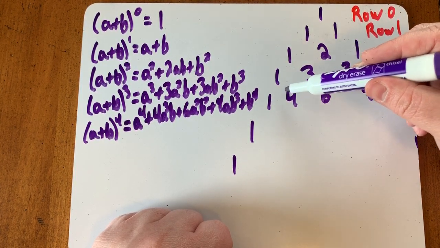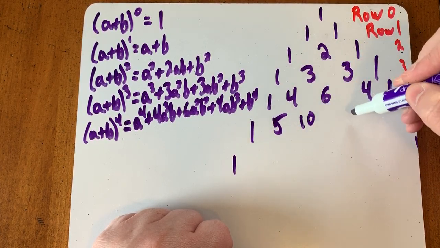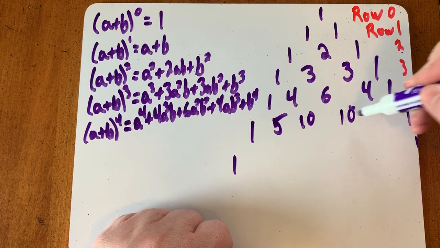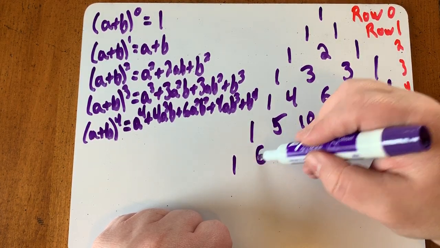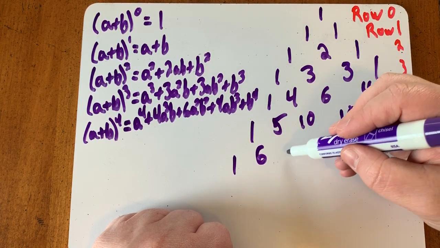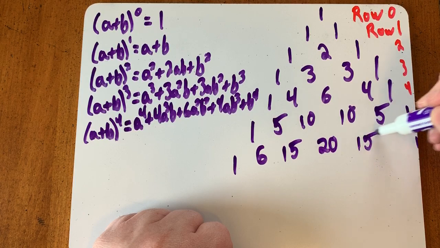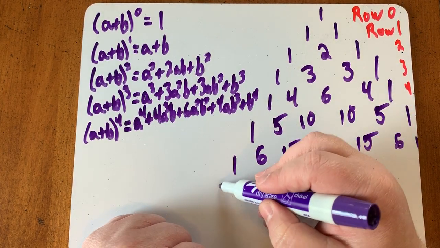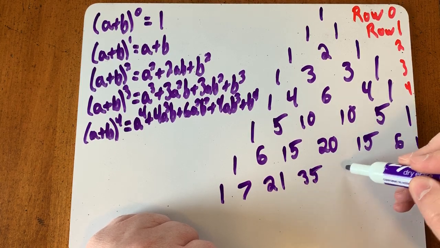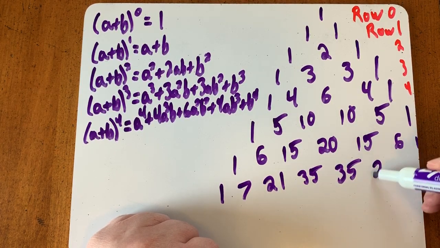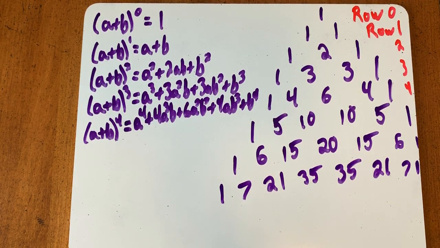And if we do the same thing here, 1 and 4, 5, 4 and 6, 10, 6 and 4, 10, 4 and 1, 5. And then 1 and 5, 6, 5 and 10, 15, 10 and 10, 20, 15, 6, 1, 1, 7, 21, 35, 35, 21, 7, 1. And it can keep going and going and going.